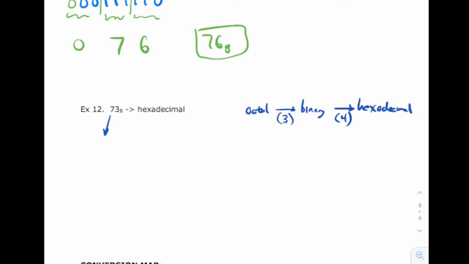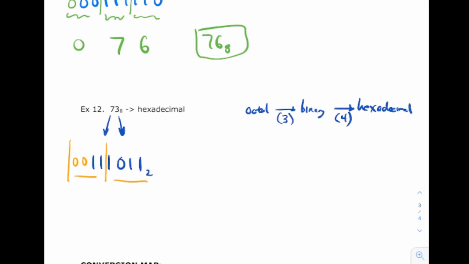So the 7, you look up the 7 on the octal table and it turns out a 7 looks like that. And if you look up the 3, it looks like a 0, 1, 1. Okay, so that's my octal. Boom, now it's binary. Put a little 2 there if you want. Now I want to go groups of 4. So I come back like this, and then I can come back like this. And now I look up these two pieces on my hexadecimal table.